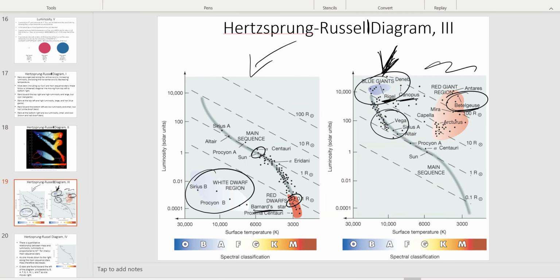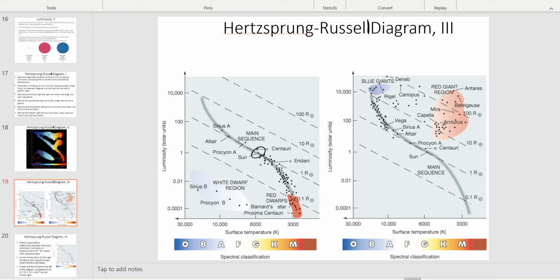But I want to emphasize that the fact that hot stars are on the left and cool stars are on the right also means that the horizontal axis corresponds to the spectral classification. O-type stars are to the left because those are the hottest, and M-type stars, M, L, and T, are all the way over to the right. I did mention that O-type stars are all the way up here.